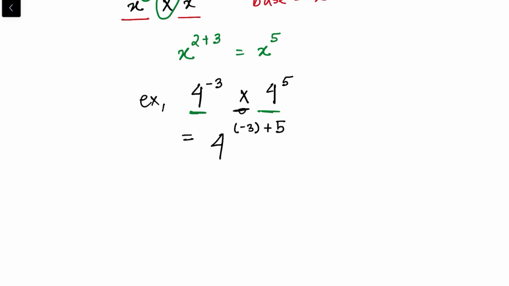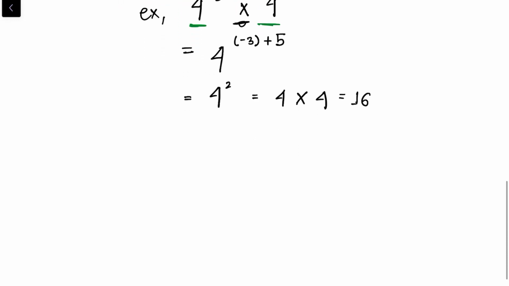So minus 3 plus 5, which will give us 4 to the power 2, which is equal to 4 into 4. Remember, this is not 4 into 4 multiplied by 2. It is 4 multiplied by 4, which will give us 16.